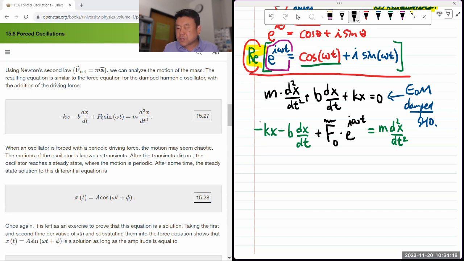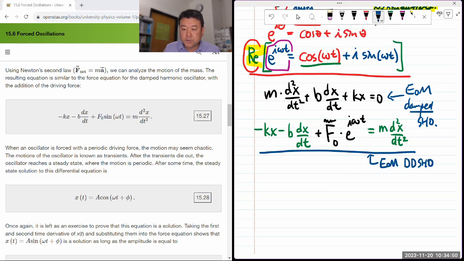Technically that corresponds to cosine omega t when you take the real part, but here's the magic of using complex numbers. If this is like the real F naught times e to the i phi, then this multiplied by that will make it sine of omega t or something like that. So by using e to the i omega t, we haven't really restricted anything. So this is the new equation of motion for the driven and damped simple harmonic oscillator.